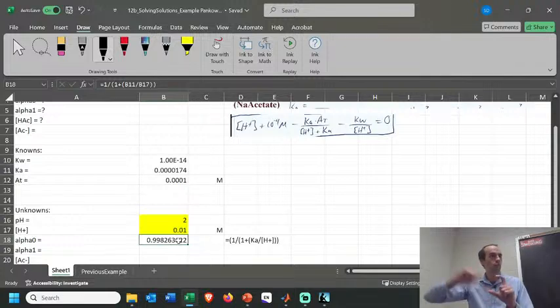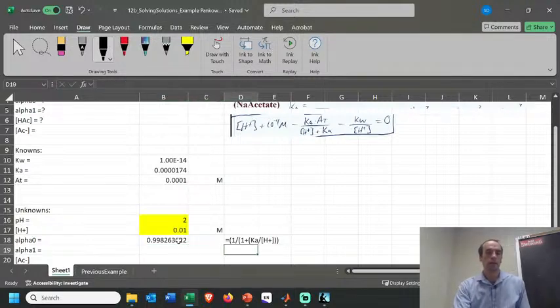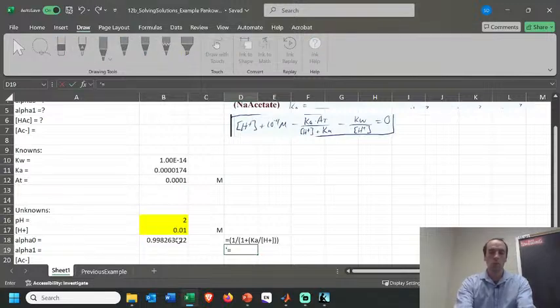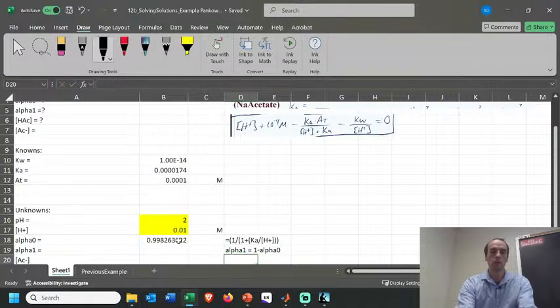I'm just setting up the relationships to connect each other. And I like the simplification that Mason mentioned. We could say alpha 1 is simply equal to 1 minus alpha 0. In a diprotic system, that's always true, so why not?